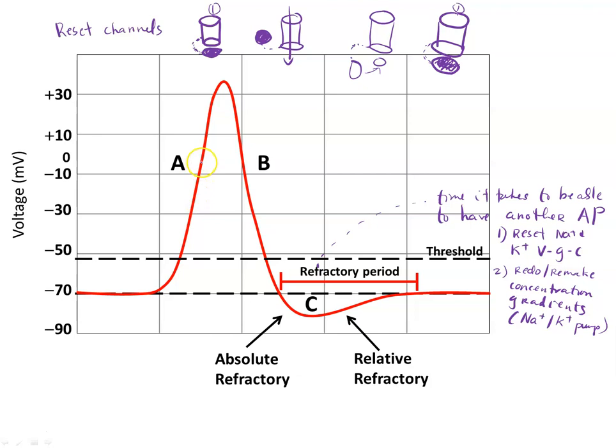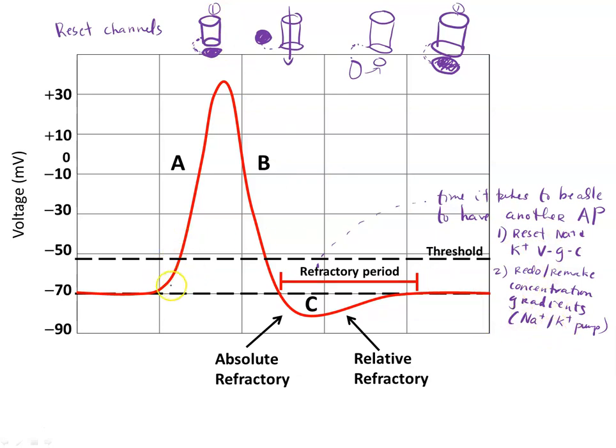This line is depolarization, which is via mechanism dictated by me opening up sodium voltage gated channels, okay? And in order for these voltage gated channels to be receptive to voltage, they need to be in this first conformation, okay? The second thing is, in order for sodium to move, to depolarize the axon, I have to have a concentration gradient. So in order for this line labeled A to occur, I have to have all my channels reset to conformation 1. And I have to have a concentration gradient.